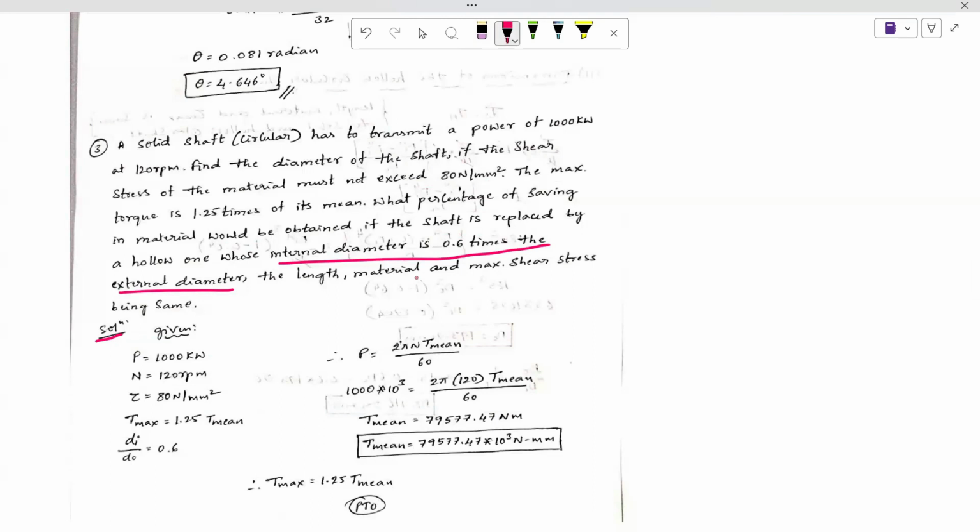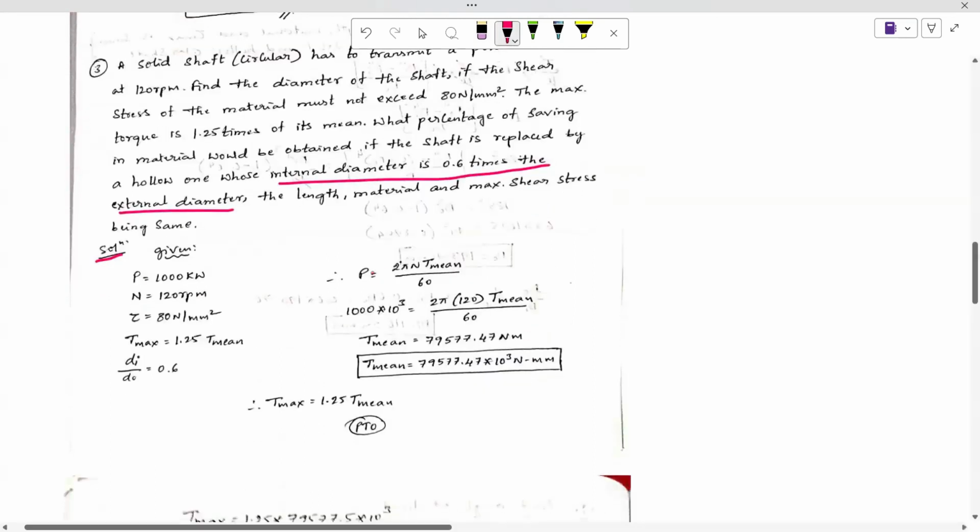Now we need to go through the problem. First is power. P is equal to 2 pi N T mean by 60, where T mean is the mean torque. Here in the denominator we have taken only 60, so on the left hand side you need to multiply by 10 to the power of 3, since 1000 kilowatt is given. So 1000 into 10 to the power of 3.